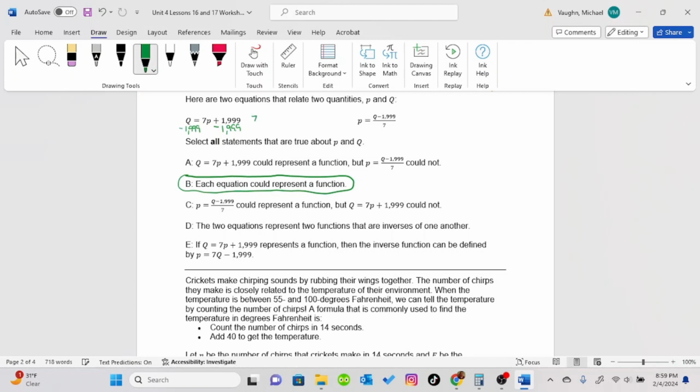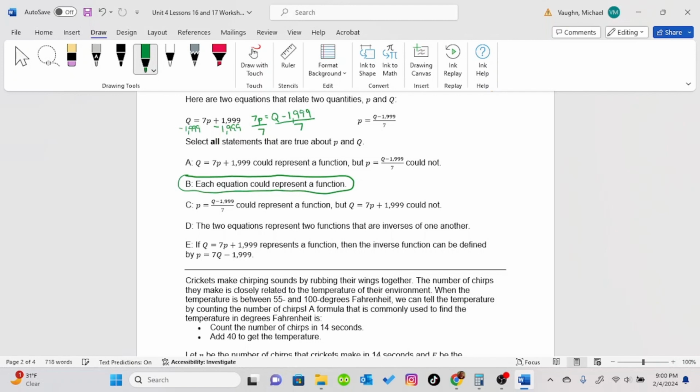This would give me 7P equals Q minus 1,999. But now to get P by itself, I would divide both sides by 7, and I would end up with what we have here on the right.